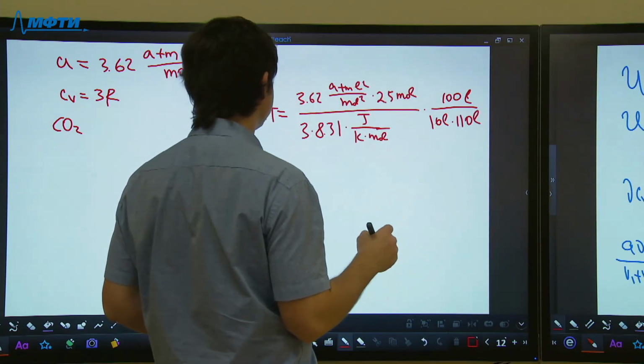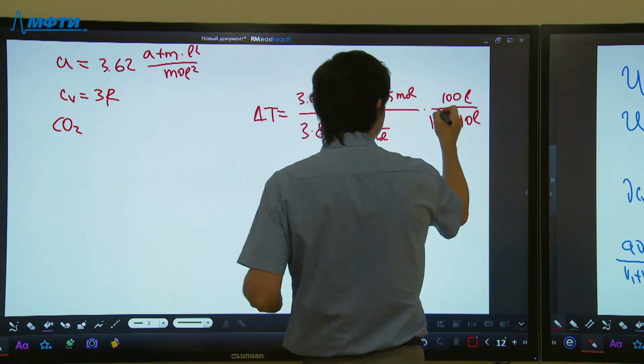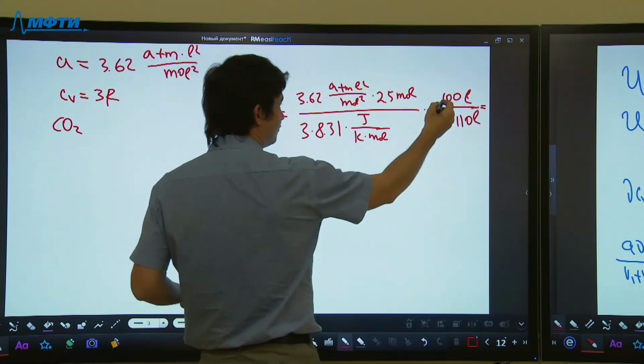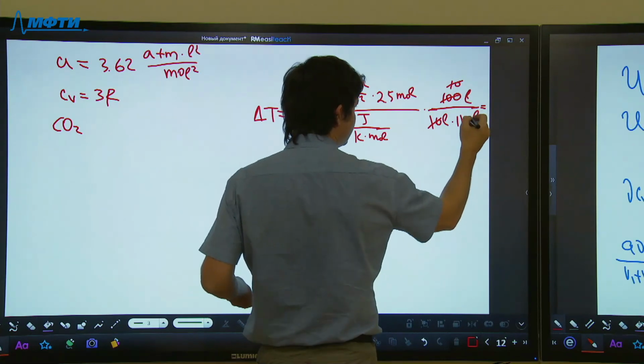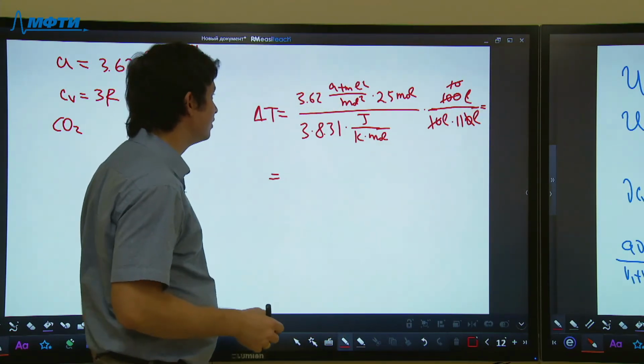Okay. So after I eliminate this and this, I am left only with 11 in the denominator.